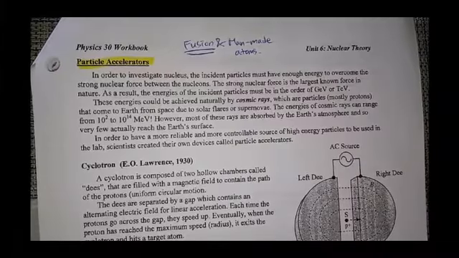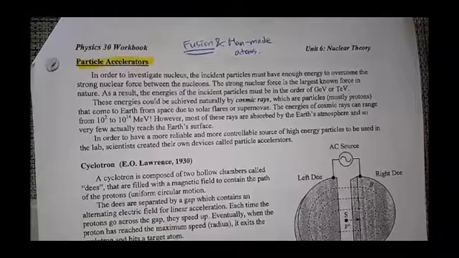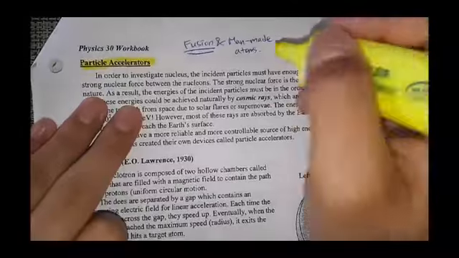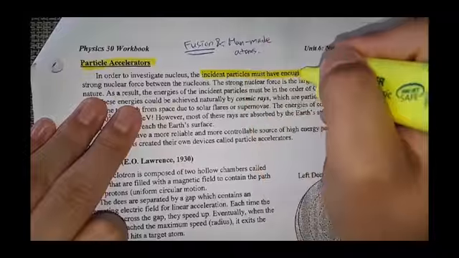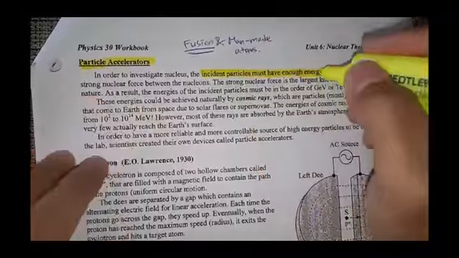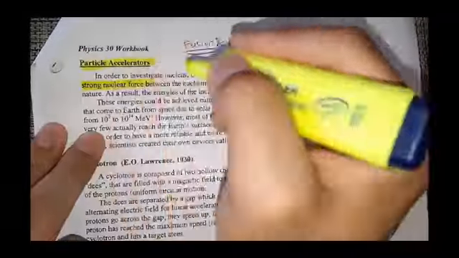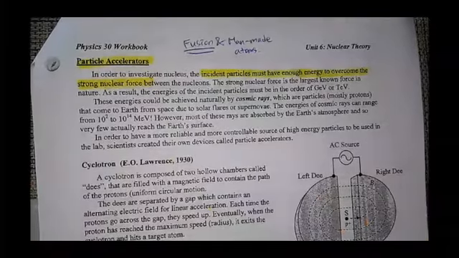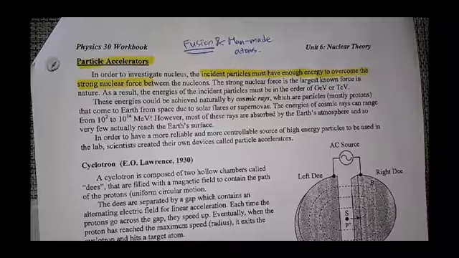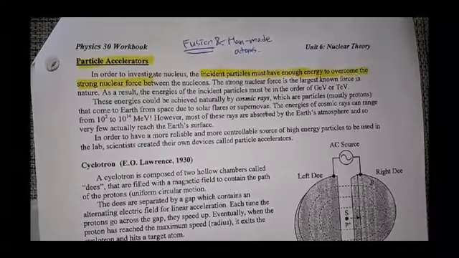In order to make that happen, here's the thing. The incident particle must have enough energy to overcome the strong nuclear force. And the strong nuclear force is the one I mentioned as a super glue. It's the largest form of force, and a huge amount of energy comes out.